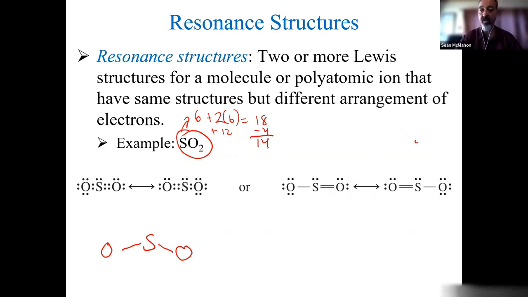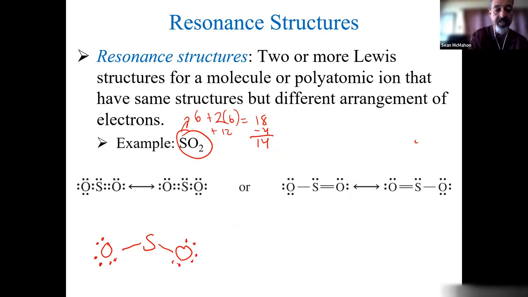The next rule says add lone pairs to the outer atoms to satisfy octets. Each oxygen has 2 electrons from the bond. They need 6 more, so that would require 3 lone pairs. So 2, 4, 6, and with the bond, that's 8.